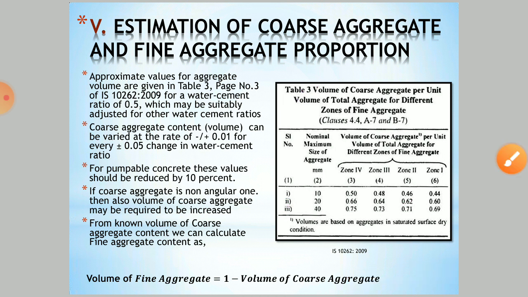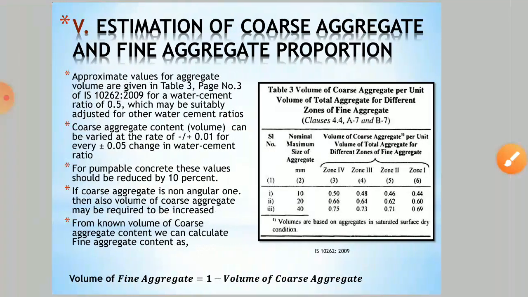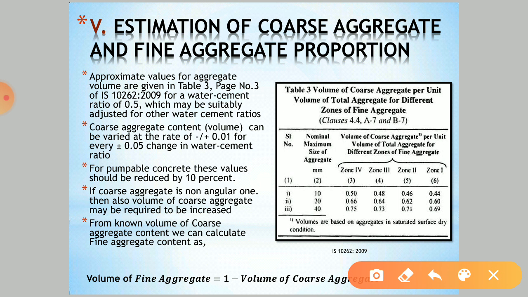Approximate values of aggregates are given in Table 3, page 3, IS 10262:2009, for water cement ratio 0.5. These values are for 0.5 water cement ratio, and they should be adjusted depending upon the water cement ratio which you get while doing calculations.